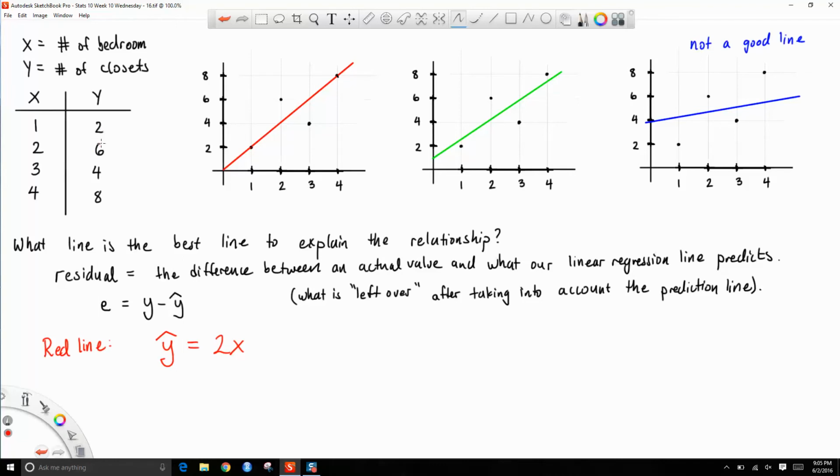So if you had 2 bedrooms, we would predict 4 closets. If you had 3 bedrooms, we predict 6 closets. And as far as the green line, the prediction there, y hat, is going to be 1 plus 1.6x. So that's what these lines are.